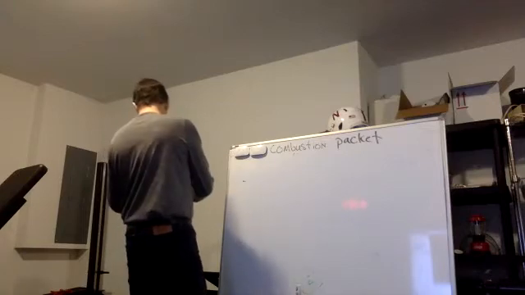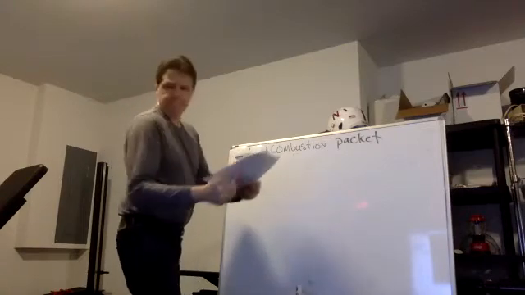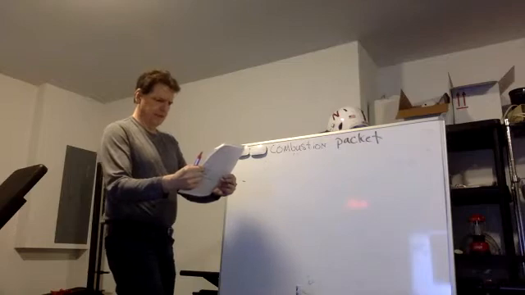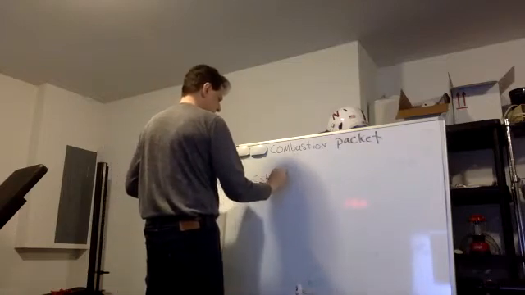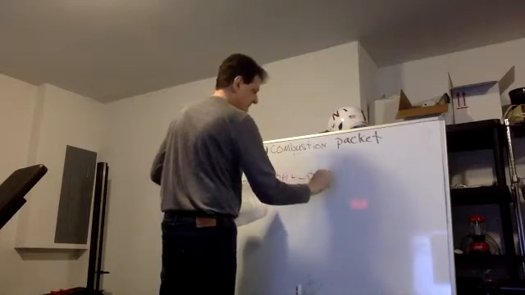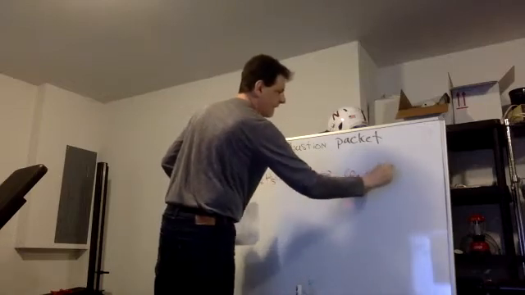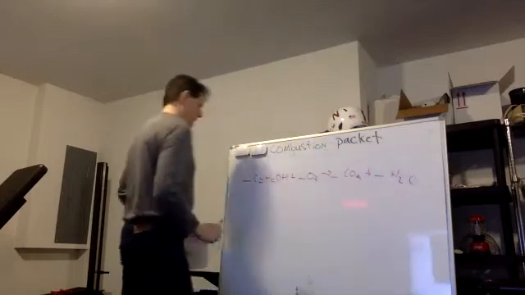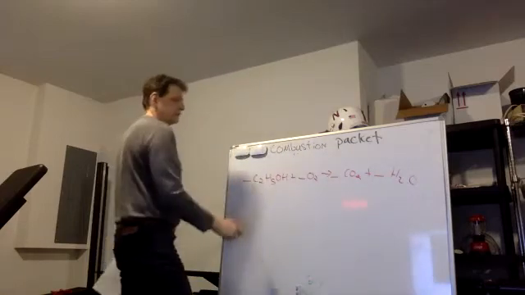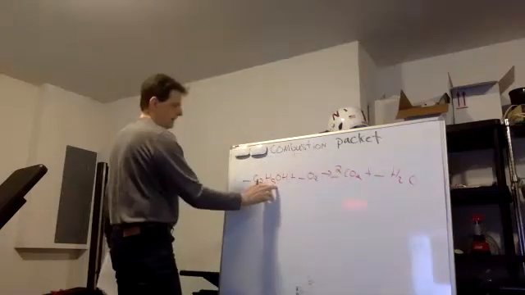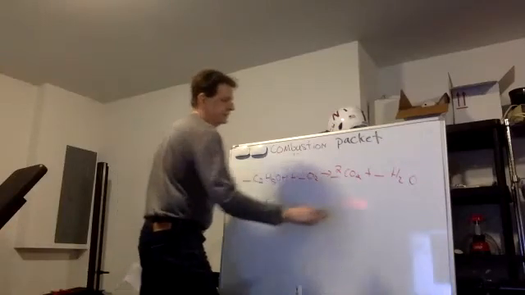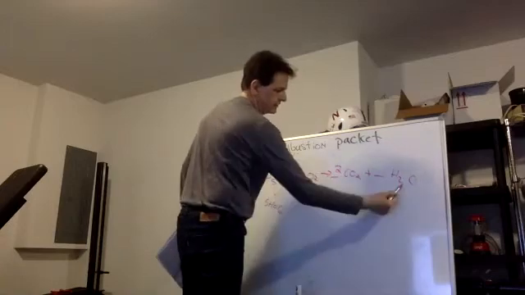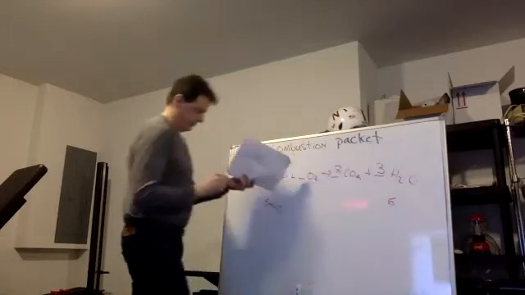We got C2H5OH. Let's go ahead. Carbon is 2. Hydrogen, you've got to remember to add both of these. 5 plus 1 is 6. So your need there is 6. 2 goes into 6 3 times.